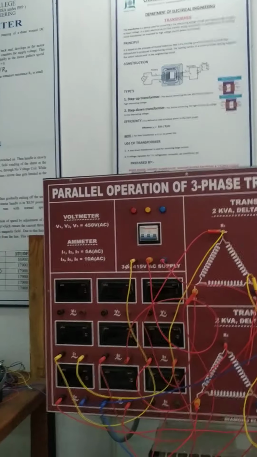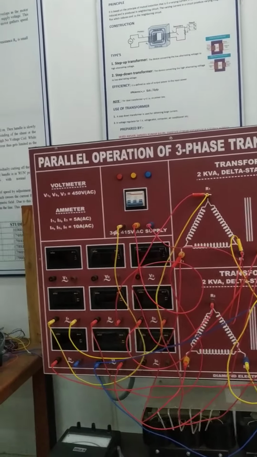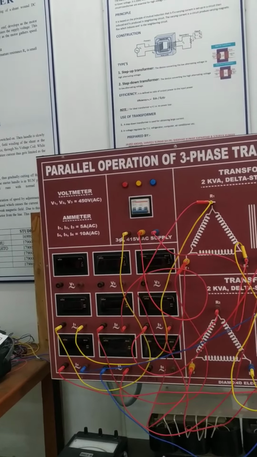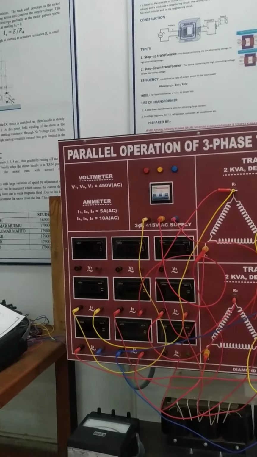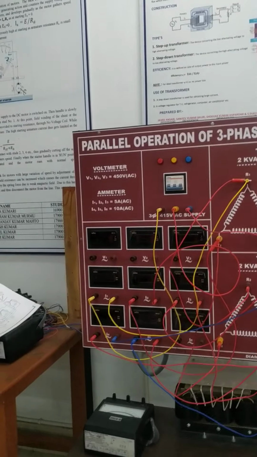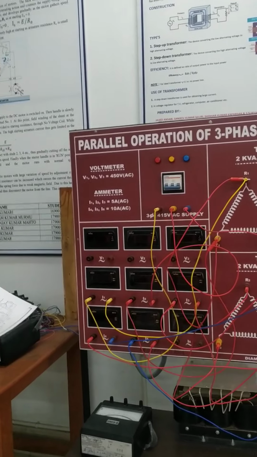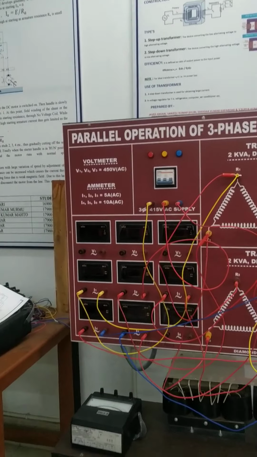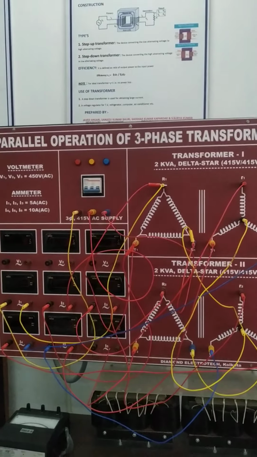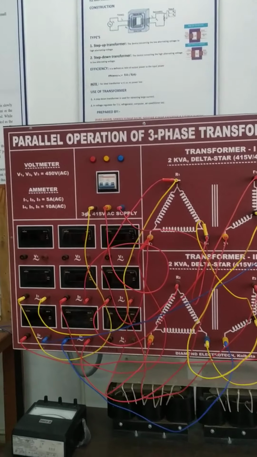So just wait one minute. We require some wires. So just connect that wire in the panel for the supply side of transformer 1 and transformer 2. Okay. And you put on the observation table so we can take the reading of ammeter and voltmeter. Just wait a few minutes.